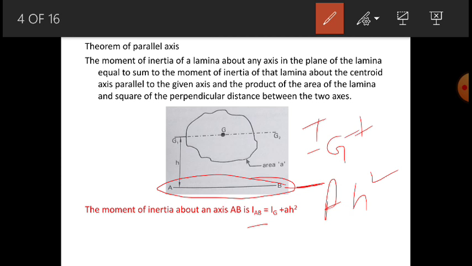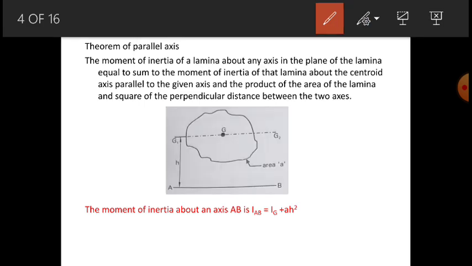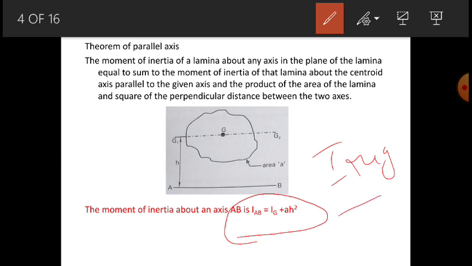This is your first axis, and the second axis is this AB axis. The perpendicular distance is h. So the formula is like this. Whenever there is an irregular object or a combination of two or three shapes, you go through this formula and set a separate reference line for it.